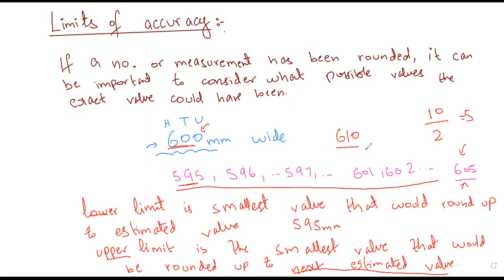Now you have to do 600 plus minus 5. One value would be 605 and the other value would be 595. This is the upper limit. This is the lower limit.